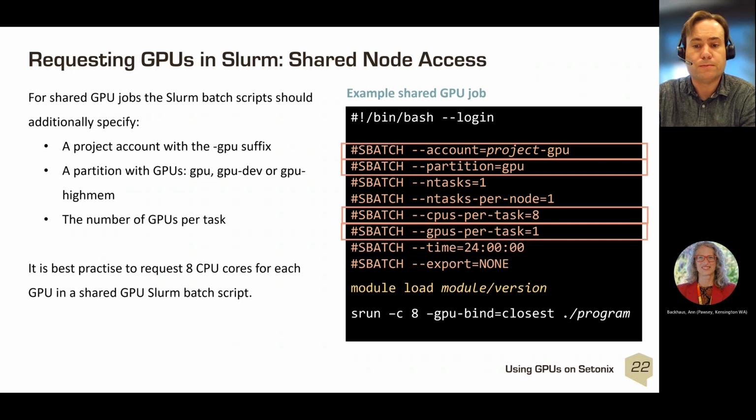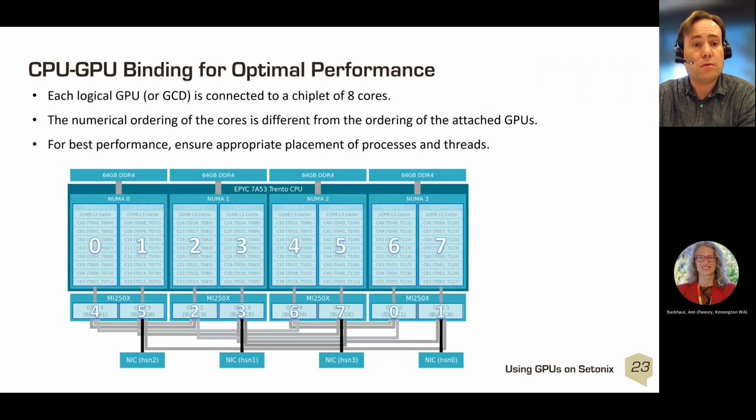So for the CPU to GPU binding for optimal performance, it's worth noting that the ordering of the cores, as we see here, doesn't quite correspond to the ordering of the GPUs.